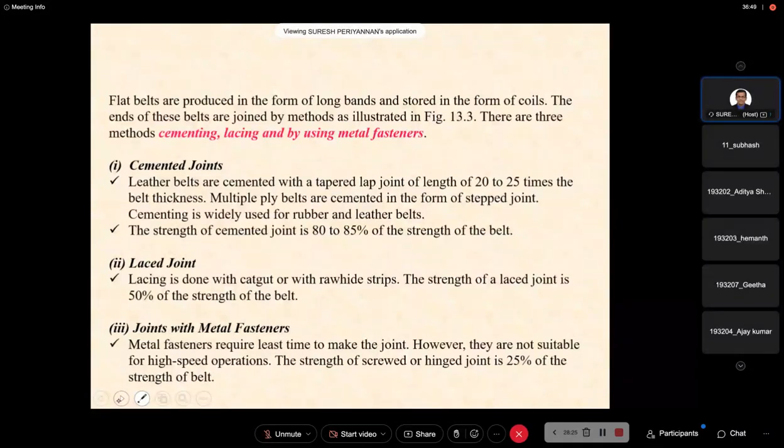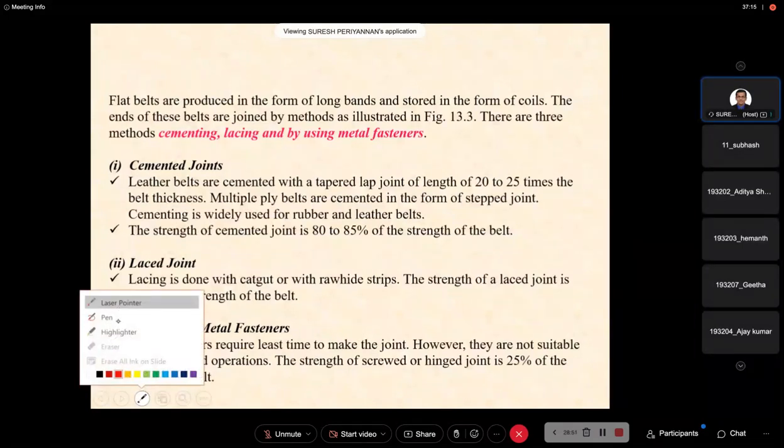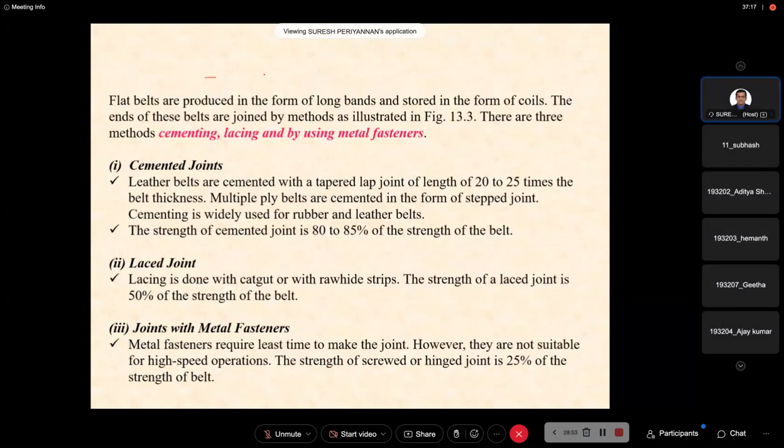Then person X has to connect the two ends of the belt for the power transmission application. Hence, we use different joint mechanisms for connecting the two ends of the flat and straight belt. That's what we are going to discuss, how to join two ends.